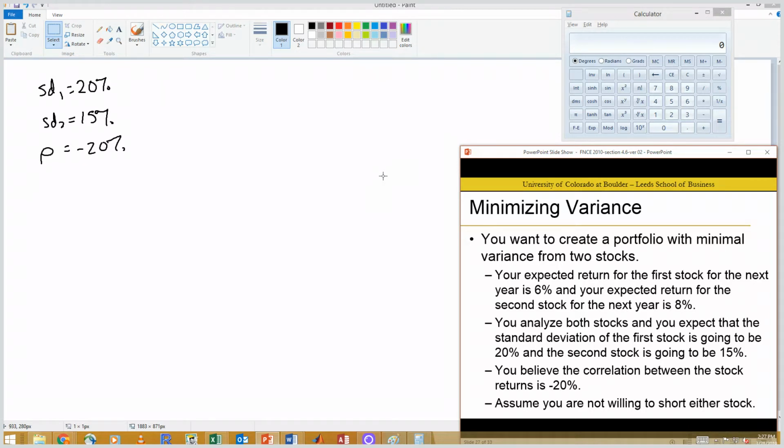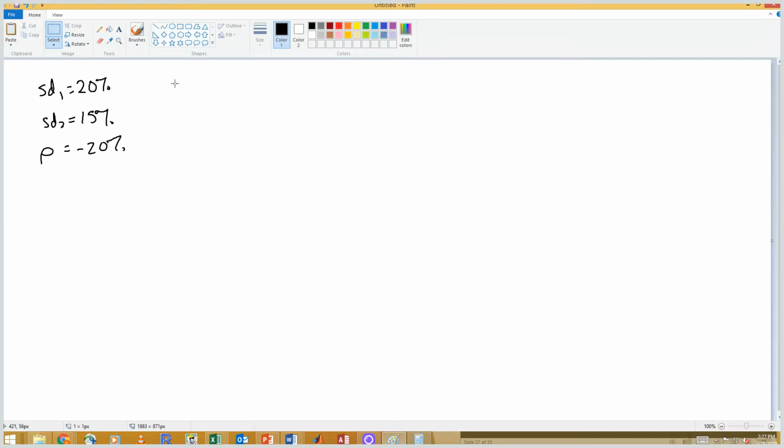So let me go to my scratchpad here, and I'm going to introduce a variable W1, which is the weight of the first stock. Irrespective of our constraint, the weight of the second stock is 1 minus W1. So that's the weight of the second stock.